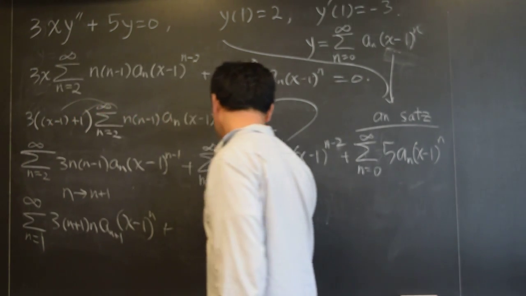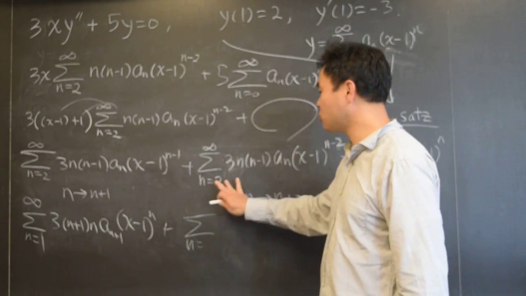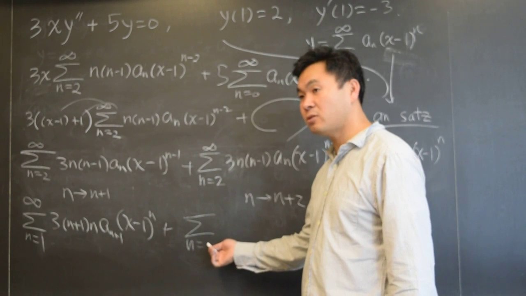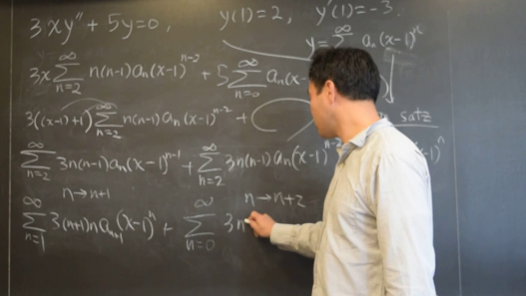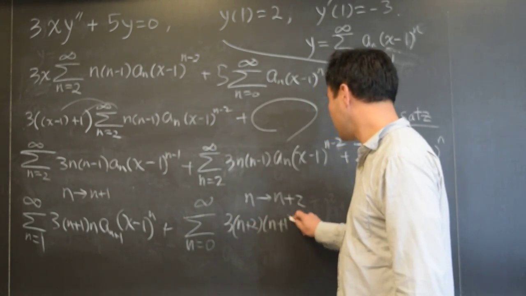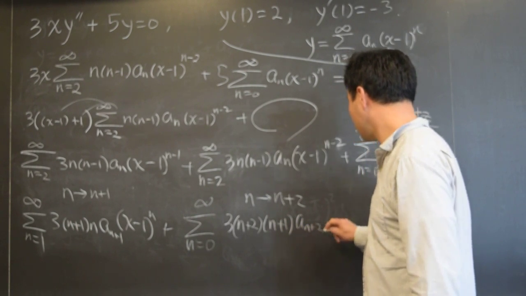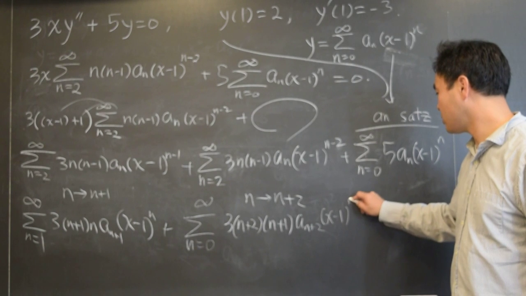And then this one, sigma n plus 2 equals 2. Solving for n, it gives you 0 to infinity, 3 n plus 2, n plus 1, a n plus 2, and then x minus 1 to the nth power.